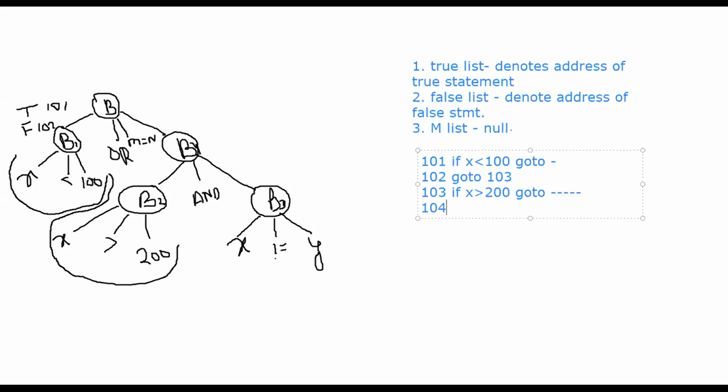And at line number 104, I have written the false condition, that is go to blank. At line number 105, what I have written: if x is not equals to y, then go to blank. Go to blank. And what is its else? At 106, I have written go to blank.